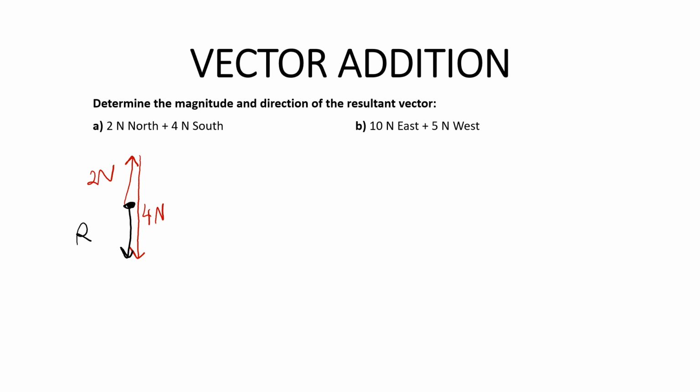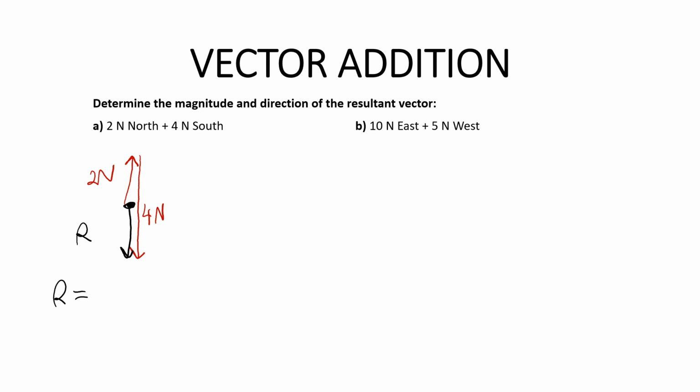And we need to know what is the value of this resultant vector. So here the resultant equals to, so we can just take vectors upwards to be positive and vectors to the right to be positive, but vectors to the left and vectors downwards are taken to be negative.